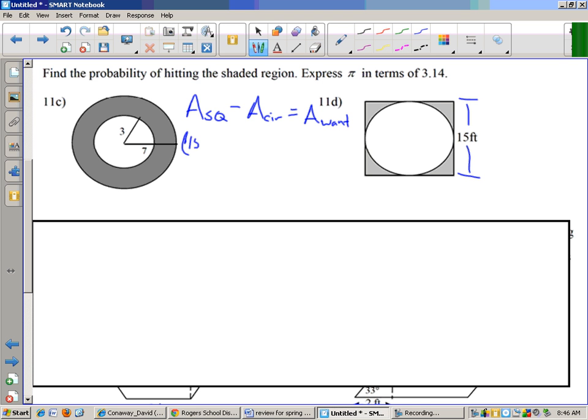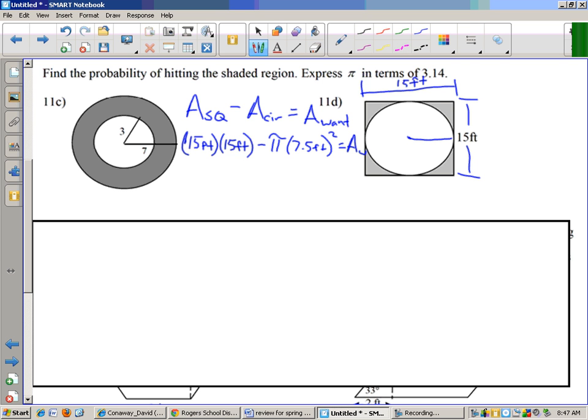So it's going to be 15 feet times 15 feet, since these are the 15 feet as well, minus the area of the circle. What do we know about the area of the circle? Pi r squared. What is r in this case? Good. So it's pi times 7.5 feet squared.